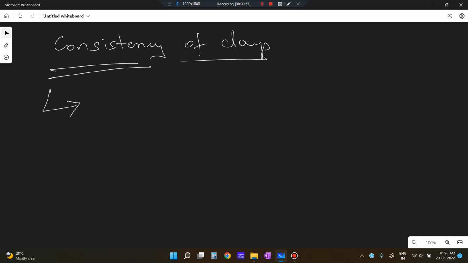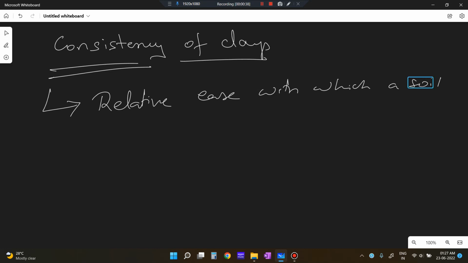The term consistency indicates the relative ease with which a soil sample can be deformed.